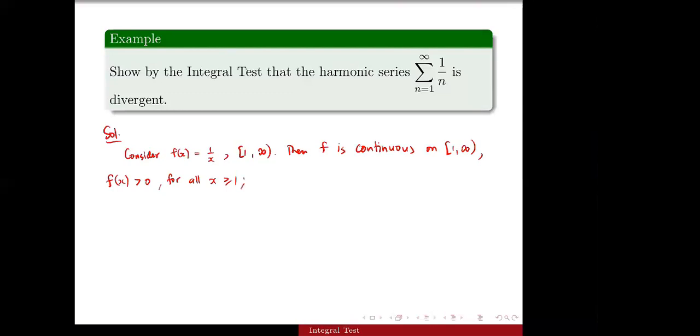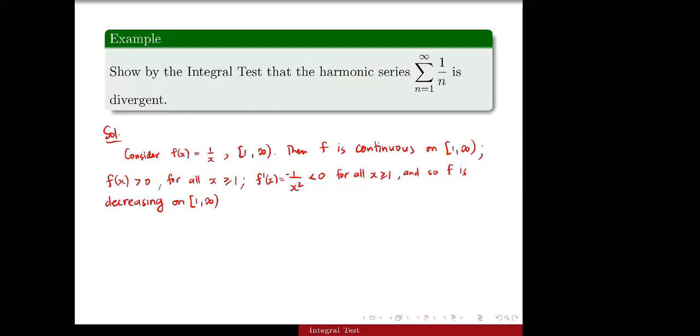And then what else? f prime of x is negative 1 over x squared, and this is less than 0 for all x greater than or equal to 1. And so f is decreasing on the interval 1 up to plus infinity.